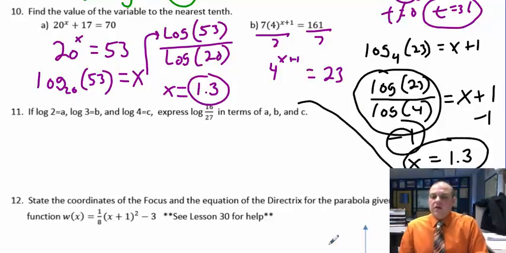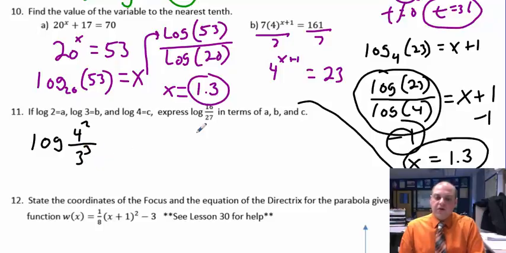Okay. All right, so log of 16 over log of 27, we have to write that in terms of 2, 3, and 4, factors of 2, 3, and 4, because that's the only thing that's given to us. So I'm going to write this as the log of 4 squared, or 4 times 4, over 3 to the third power. Because 3 to the third is 27, and 4 squared is 16.